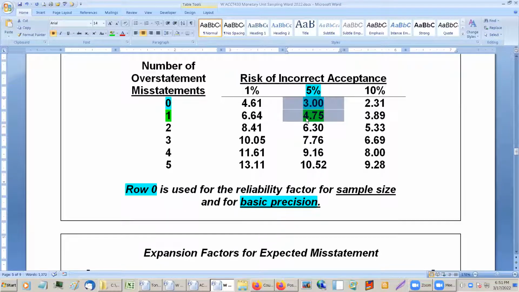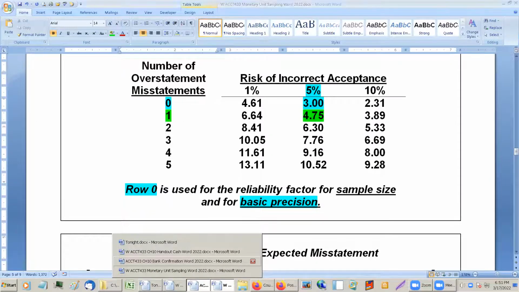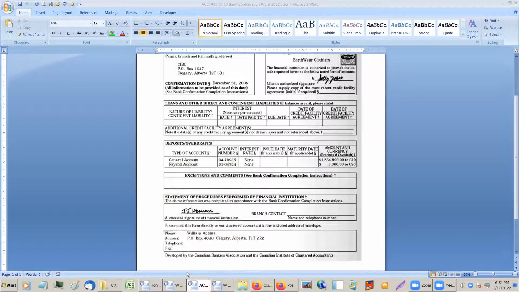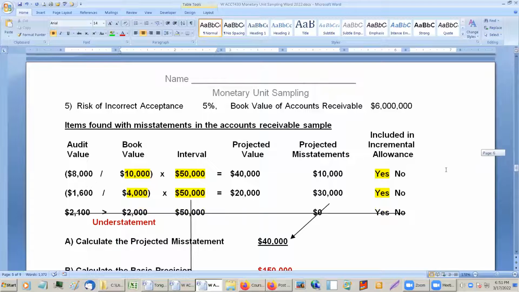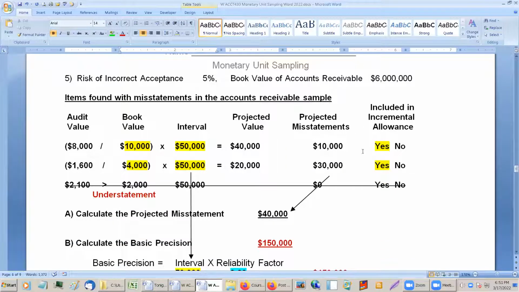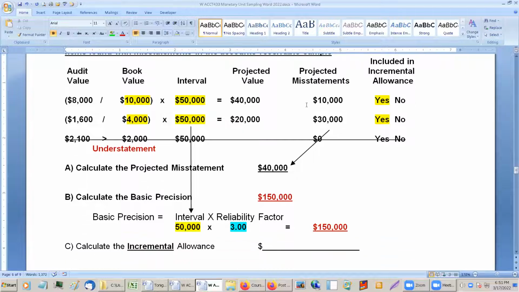But anyway, you're going to subtract 1 out of those, and what we're going to end up doing is multiplying this by the misstatements, because you'll notice that we actually have two misstatements. So these misstatements are going to get weighted, and they're going to increase the likelihood that there's more misstated in our sample.